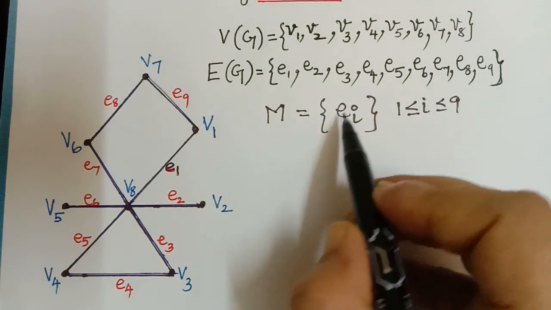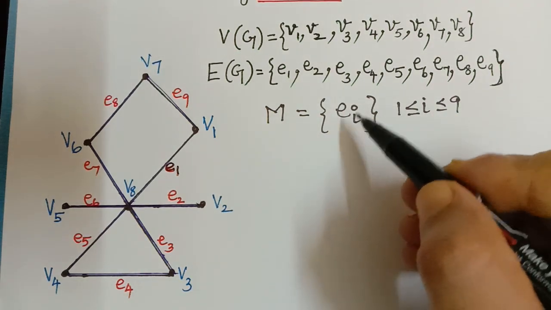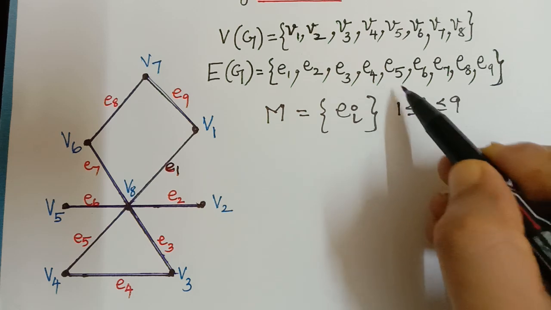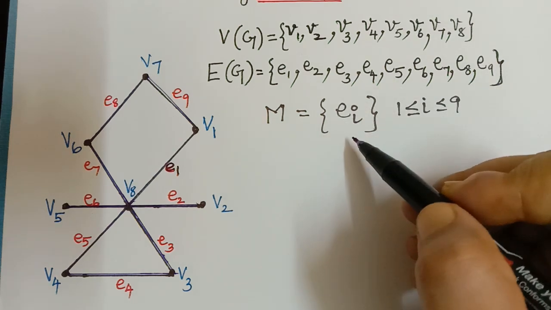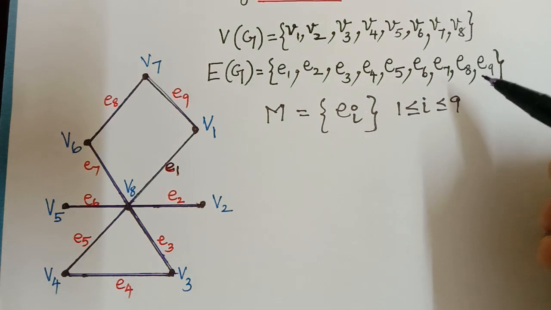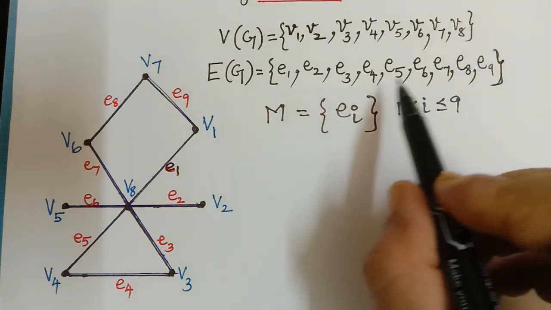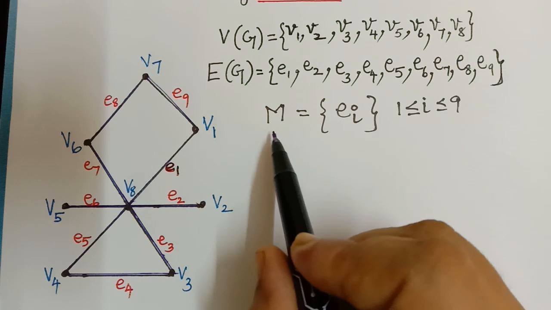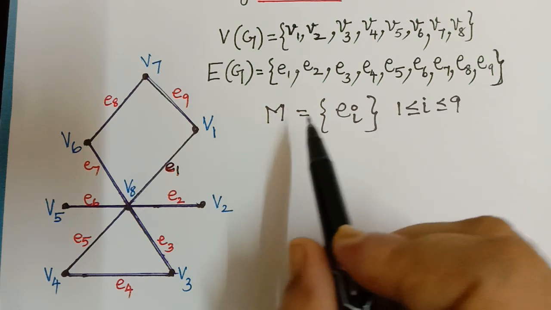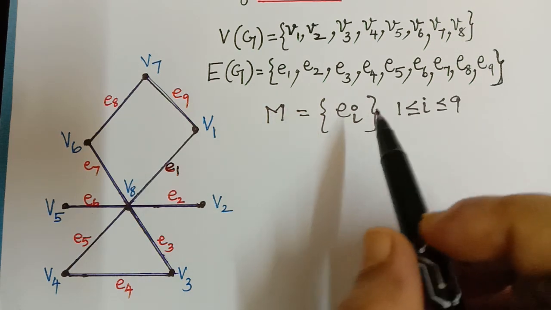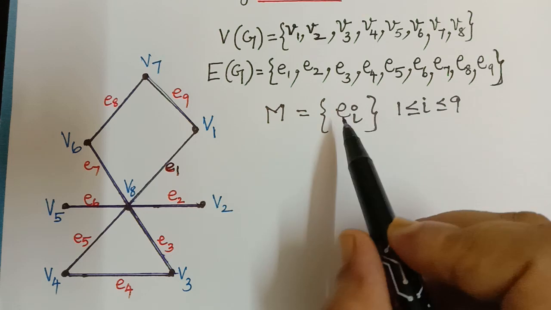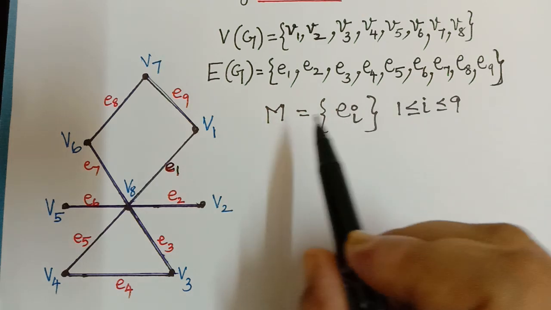Suppose i is equal to 5, then M will be equal to E5. Like that we may have E8 or E3. Any singleton set of this edge set, if we consider it to be M, will be a matching because there are no other edges adjacent to it. So this is a matching.